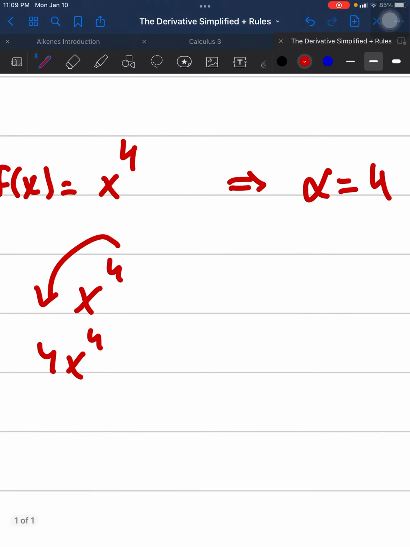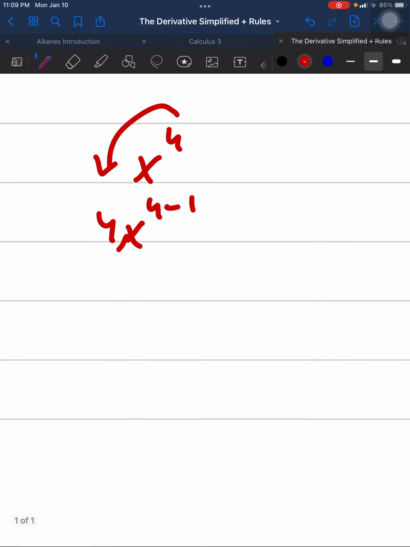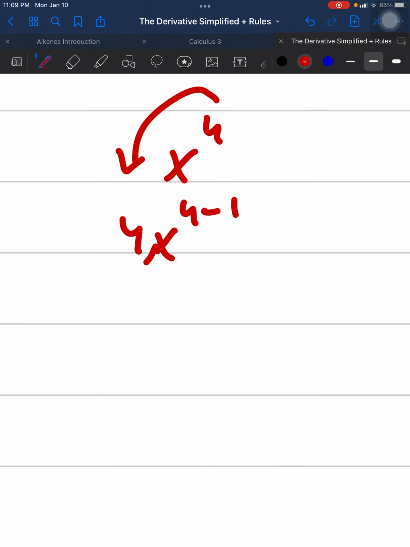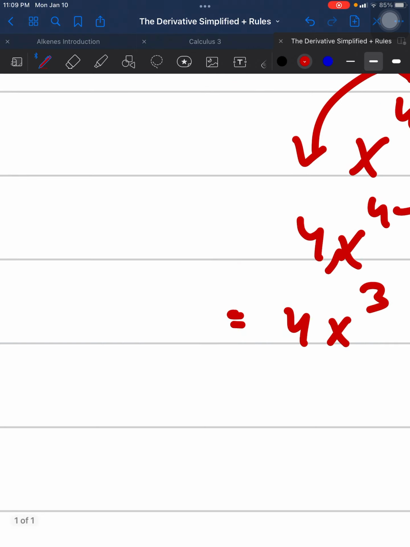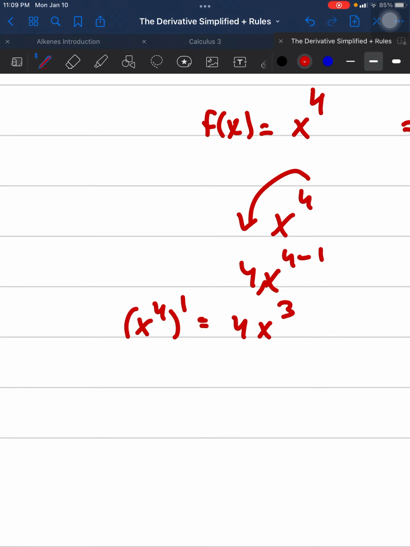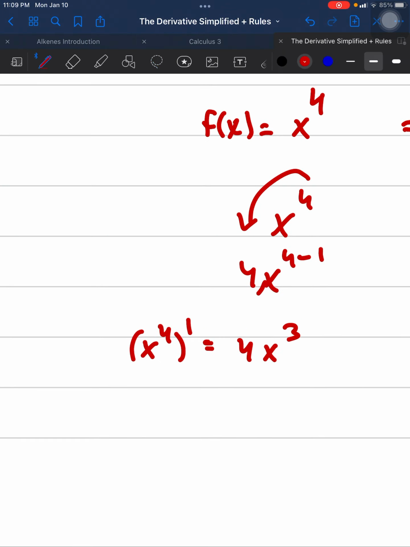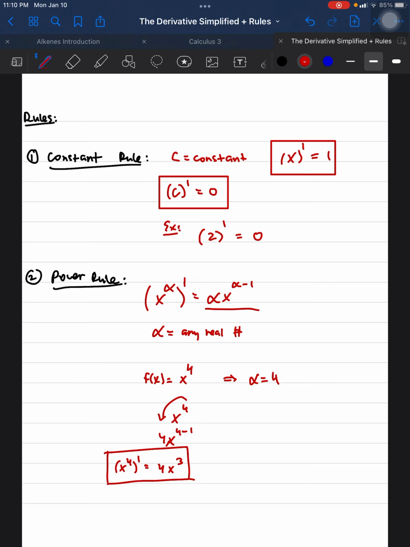But then we subtract 1 from the original power, 4 minus 1 is 3. And our final derivative of x to the 4th is 4x cubed.